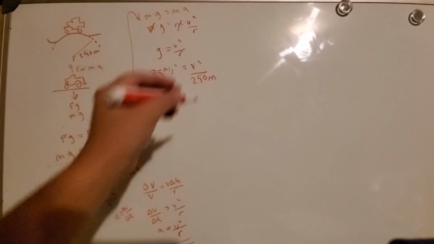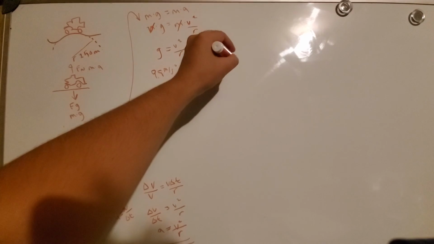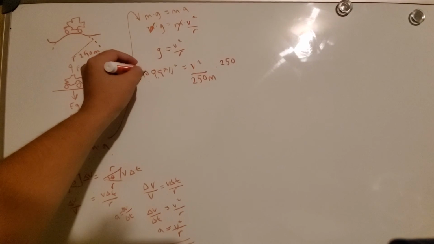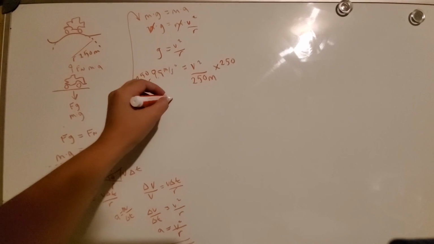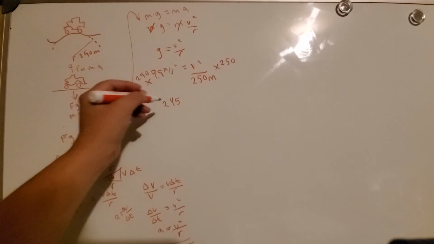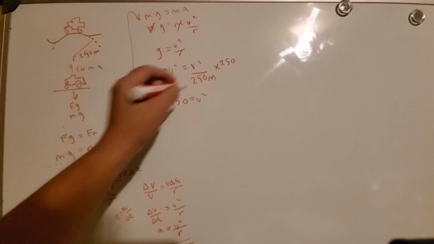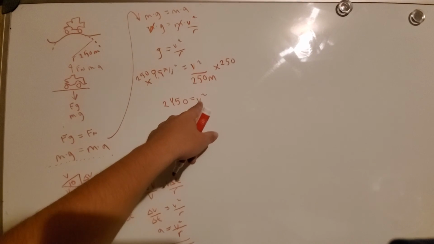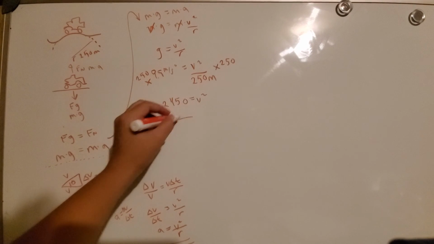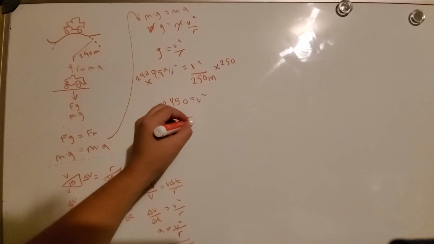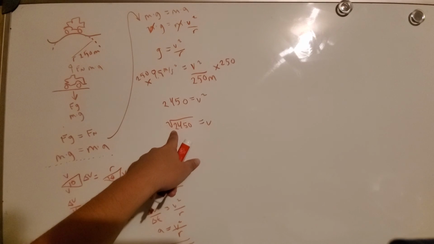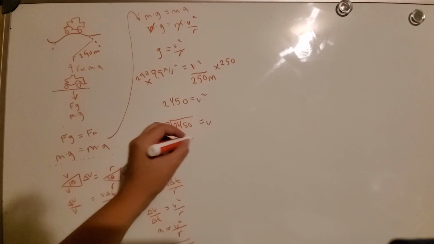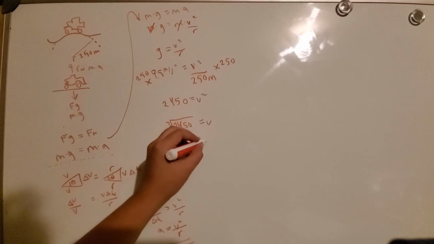What we could do is multiply 250 on both sides, and we're left with 2,450 is equal to velocity squared. To get rid of the square, I'll square root the other side. So the square root of 2,450 is equal to velocity, and solving it becomes 49.49 meters per second.